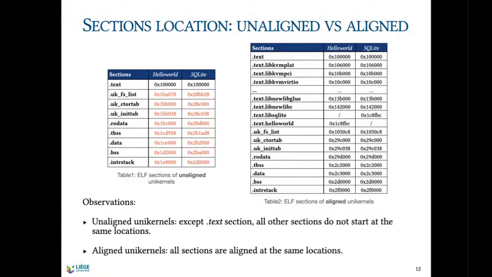This means that all pages within these sections will be different since they use different addresses. For instance, the rodata, the data, and the BSS sections do not start at the same addresses in the first table. In opposition, when we use aligned unikernels, we can see that all these sections have exactly the same addresses and are placed at the same location.